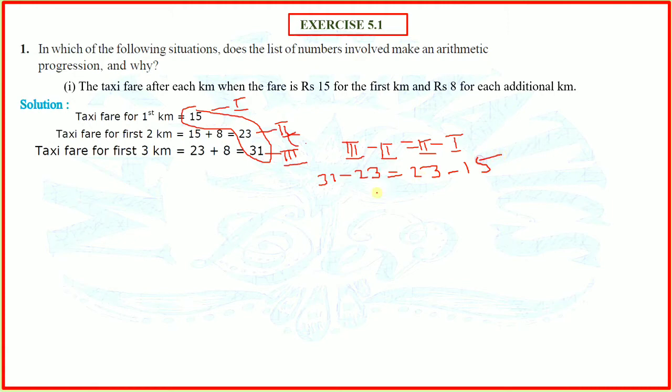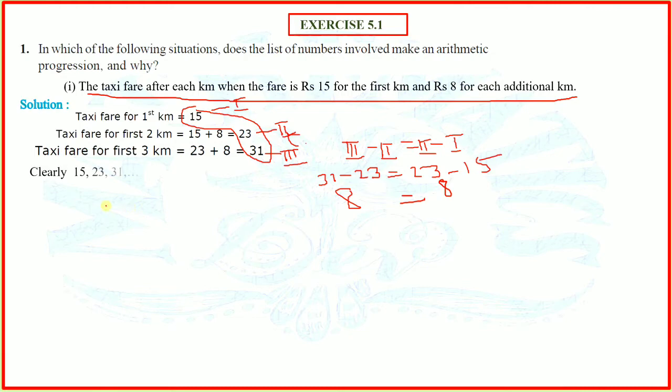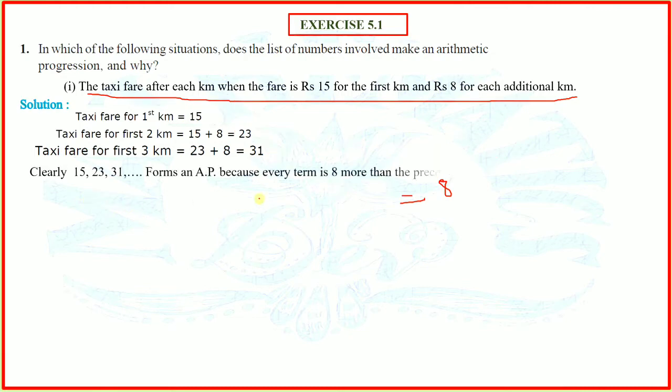In both cases you will get 8. So we say that the taxi fare involved in this question and its subsequent association with the kilometers forms an AP. So clearly 15, 23, 31 forms an AP because every term is 8 more than the preceding term.